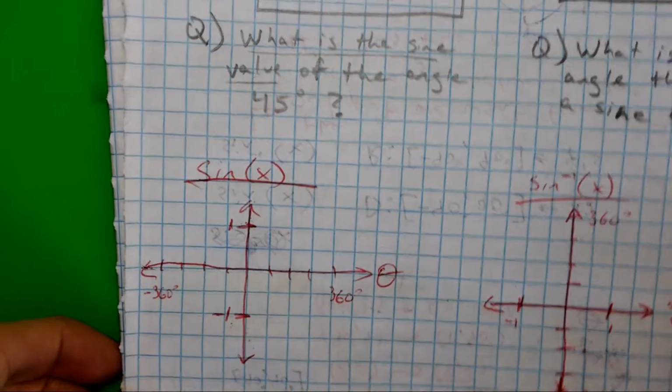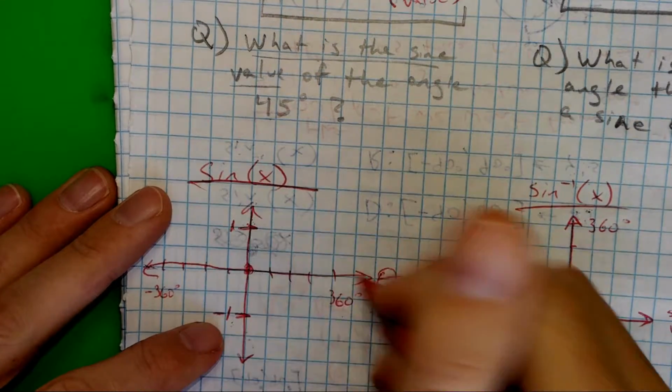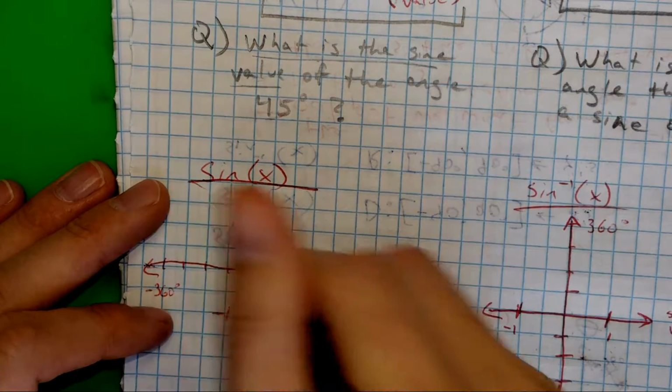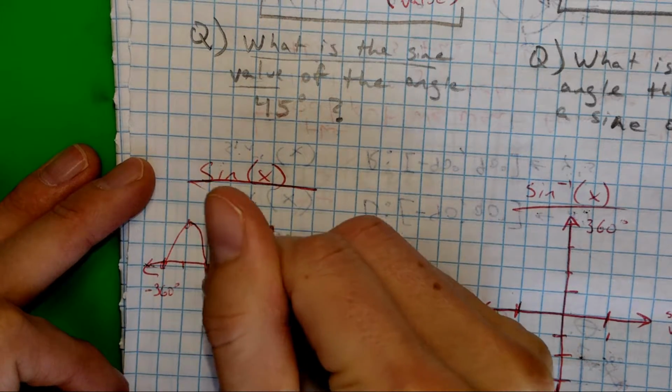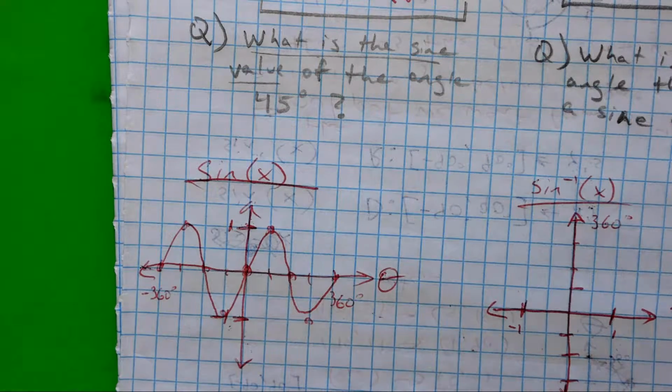Okay. So let's sketch a real quick graph of the sine function. Okay, it looks like that. So how would I figure out what the sine inverse graph looks like?